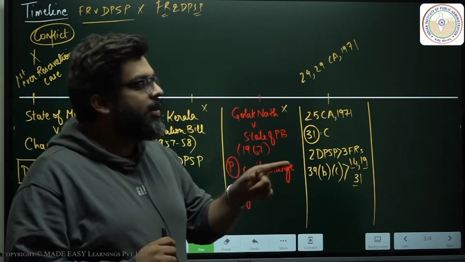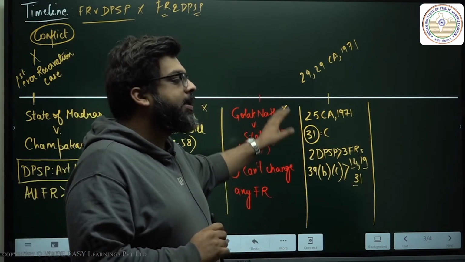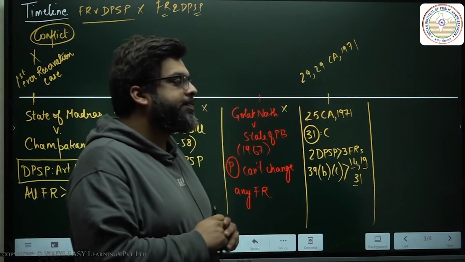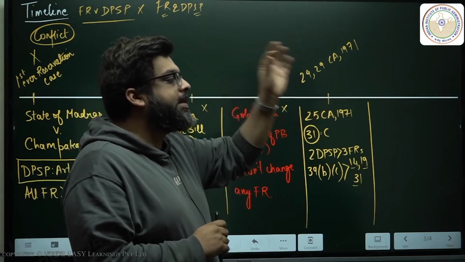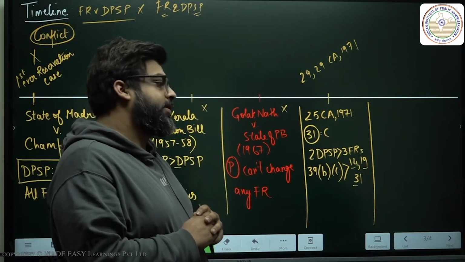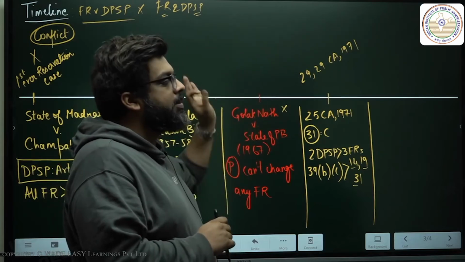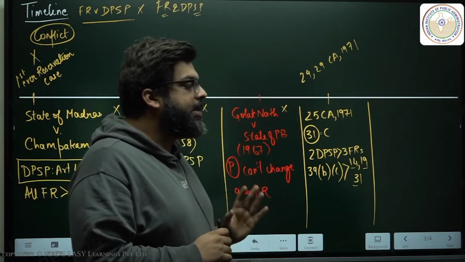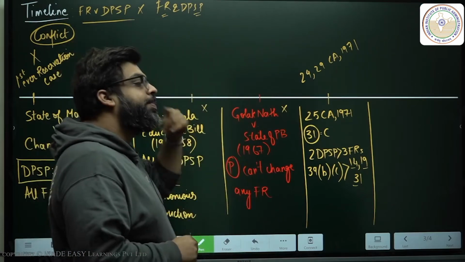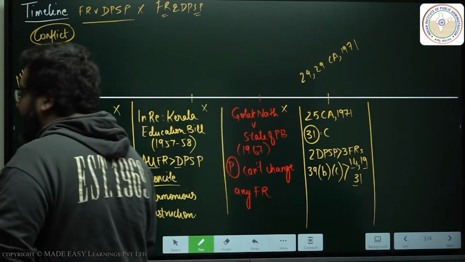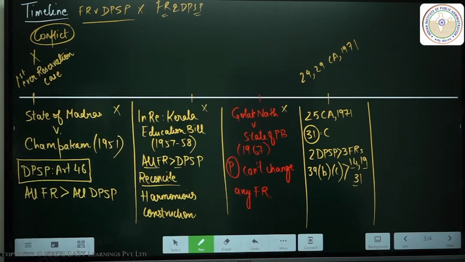That objection is not going to stand a single day in court. It's not even going to see the face of a good decision. The courts cannot get into this because 39B and 39C are going to be superior to 14, 19 and 31. Do we understand this? Is this clear? Is this making sense?